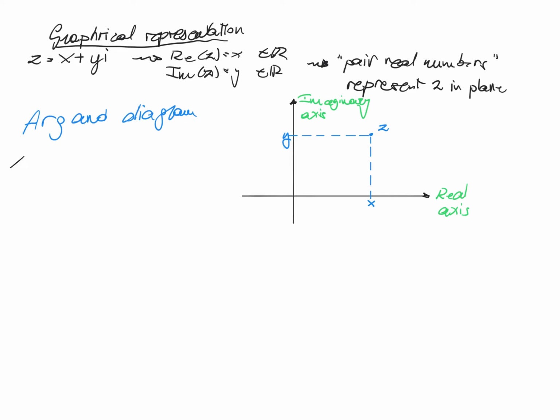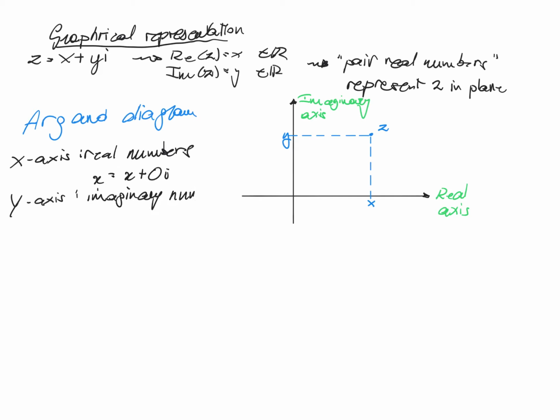So here again, the x-axis corresponds to the real numbers, so basically all values x, which is x plus 0 times i. The y-axis are the imaginary numbers, so yi is 0 plus y times i.